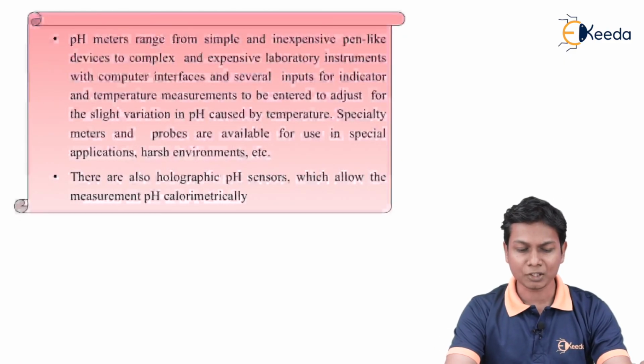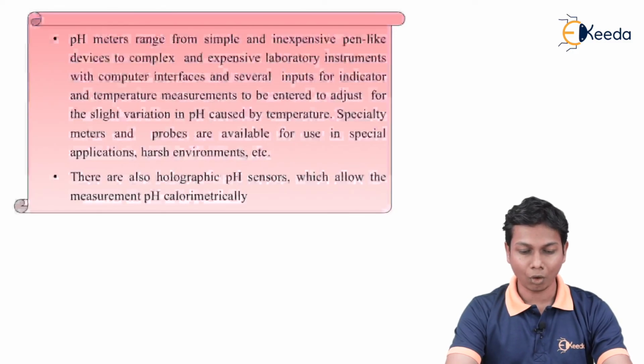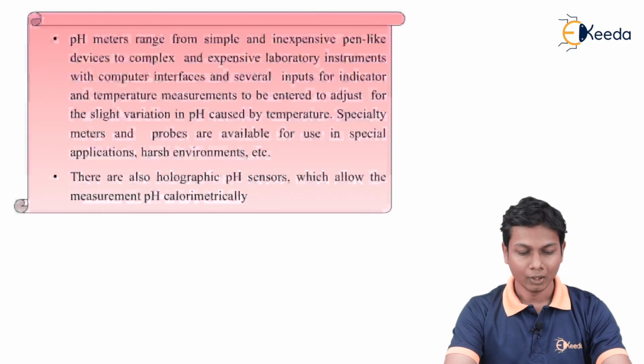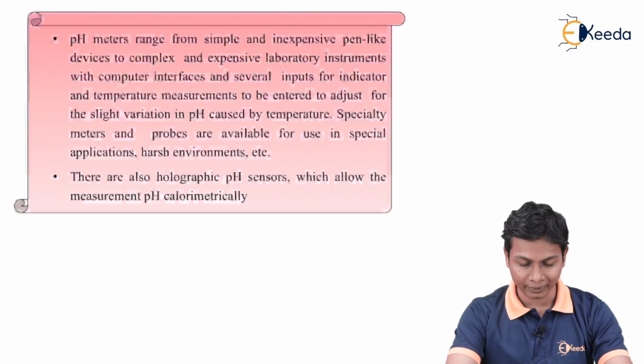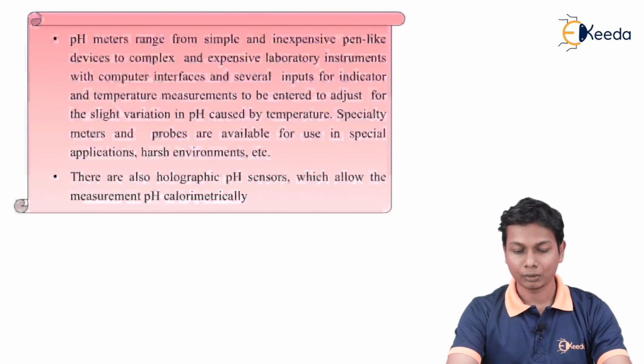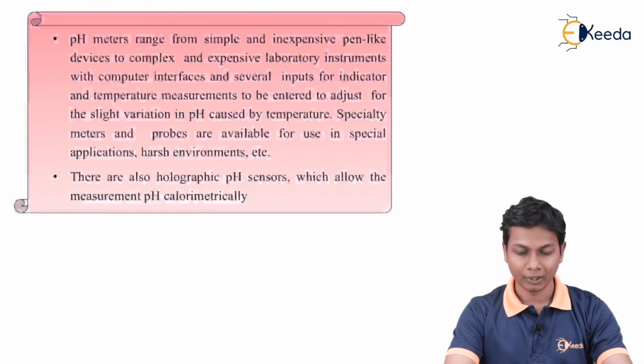Now, pH meters range from simple, inexpensive pen-like devices to complex and expensive laboratory instruments, with a computer interface and several inputs for indicators and temperature measurements to adjust for slight variation in pH caused by the temperature.